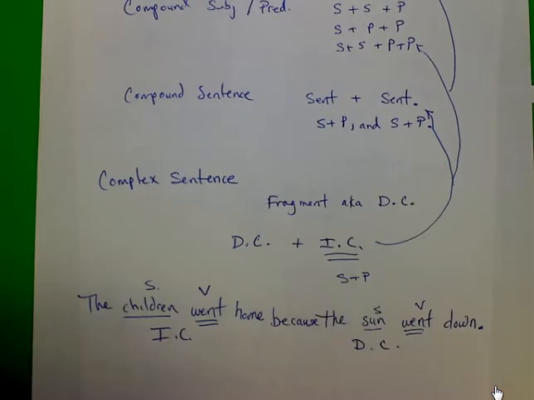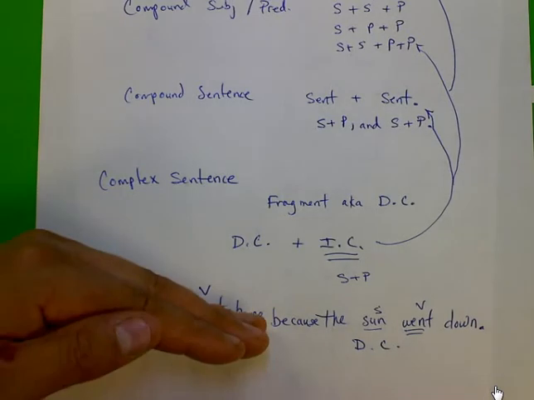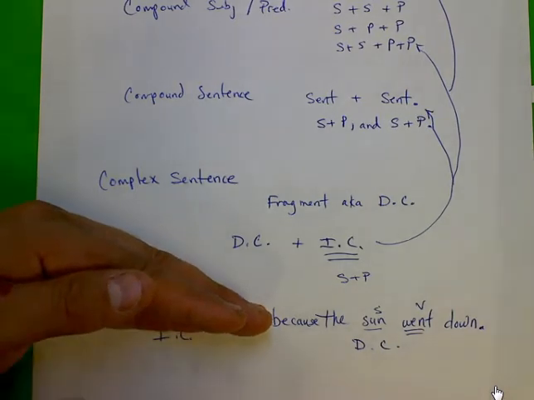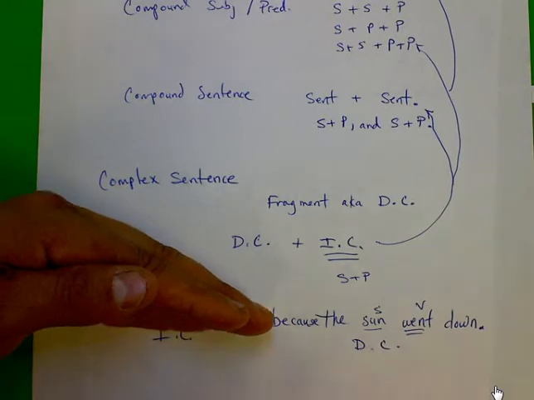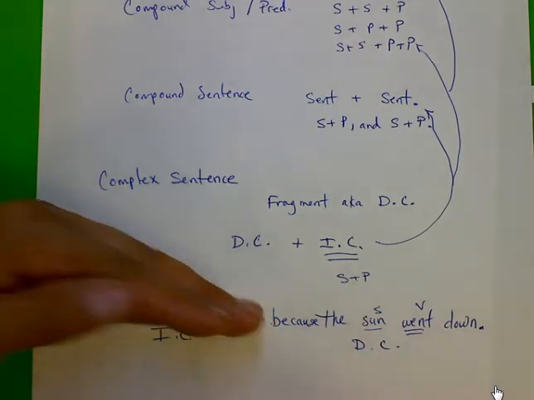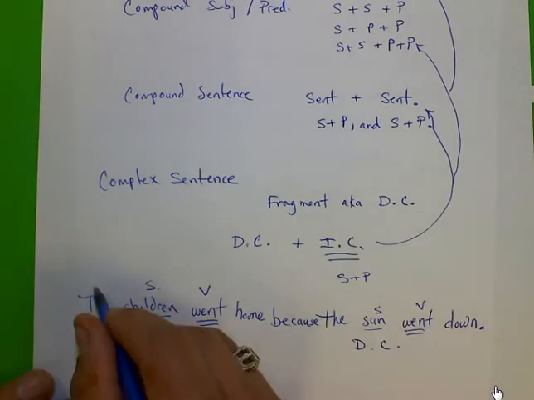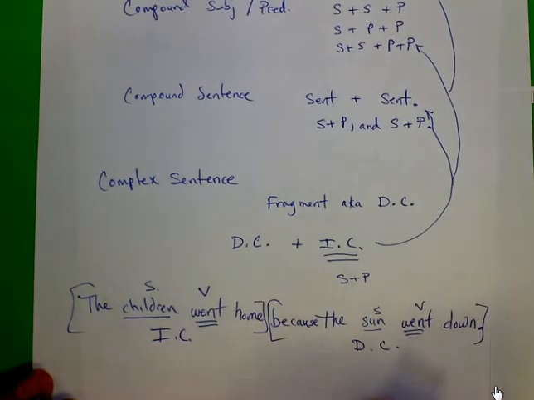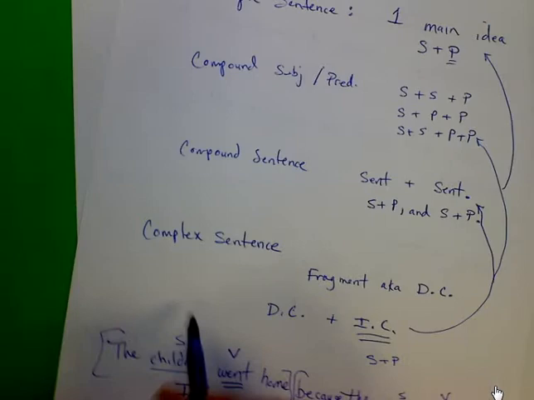But I can't say by itself, because the sun went down, period. That doesn't make sense. If I did, someone would say, well, whoa, okay, what happened because the sun went down? Or, what are you trying to tell me? It's the two together, the independent clause plus the dependent clause, which makes a complex sentence.